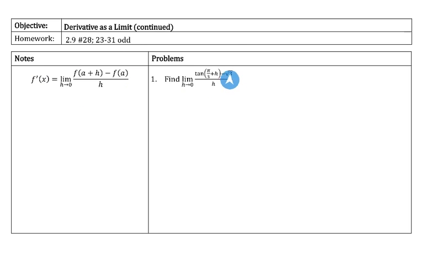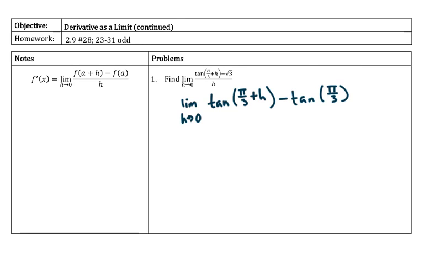So this might be a problem that you see on a quiz or a test or even on the AP exam, and you can say, I recognize that as the limit form of the derivative because this is the same as the limit as h approaches 0 of tangent of pi over 3 plus h minus tangent of pi over 3, since root 3 is equal to tangent of pi over 3, all over h.